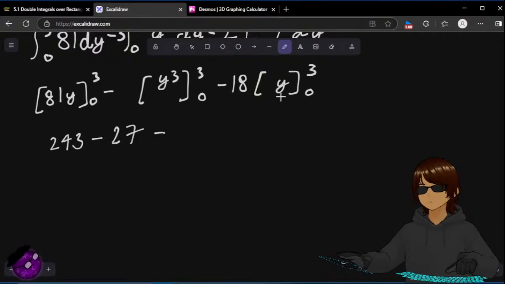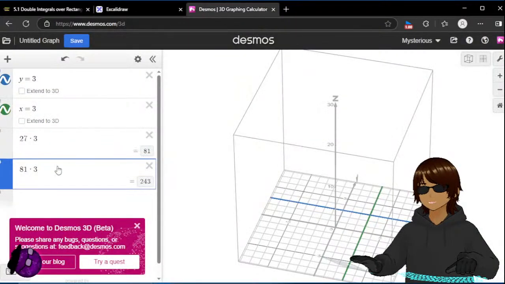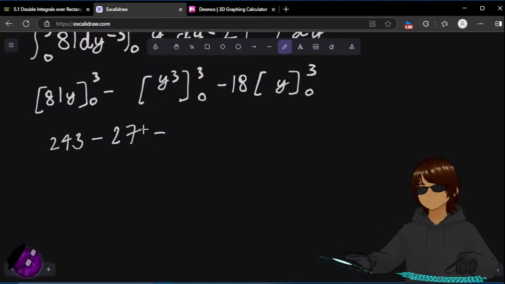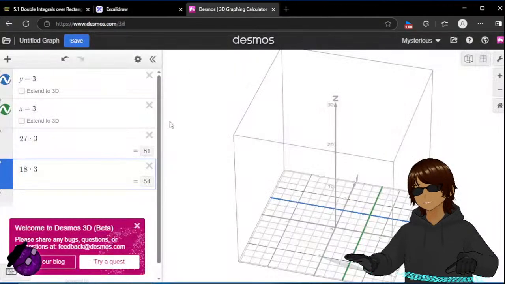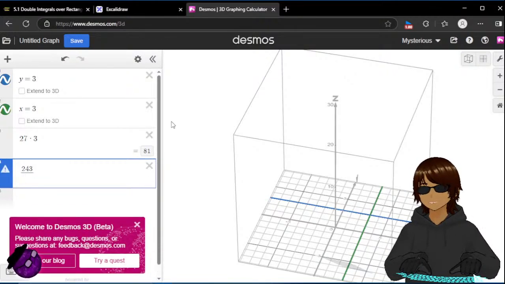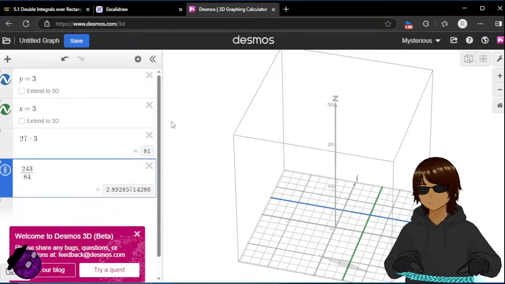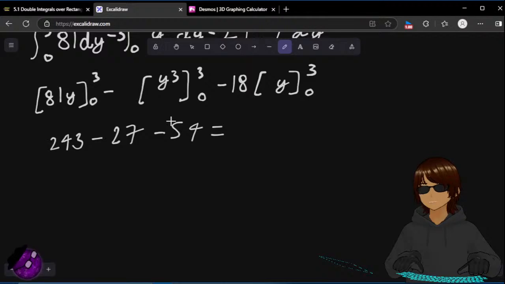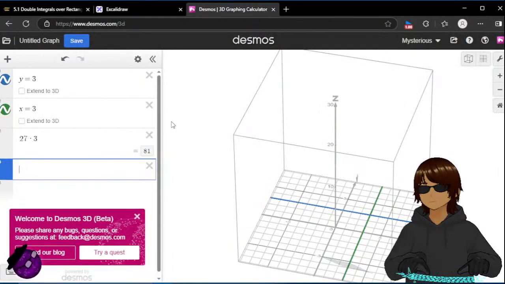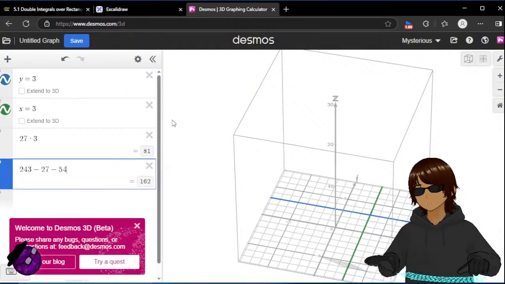Minus it's 18 times 3, 54. This is 243 minus 27 minus 54. 162.